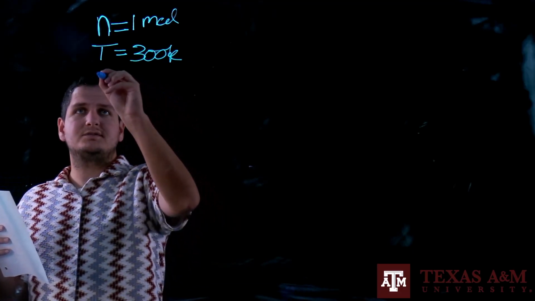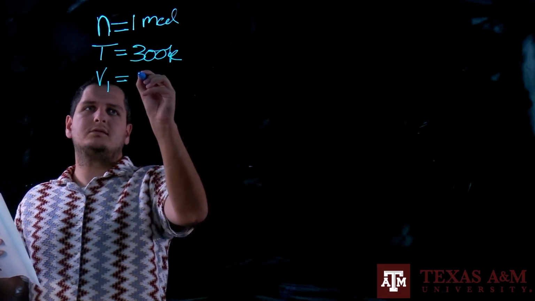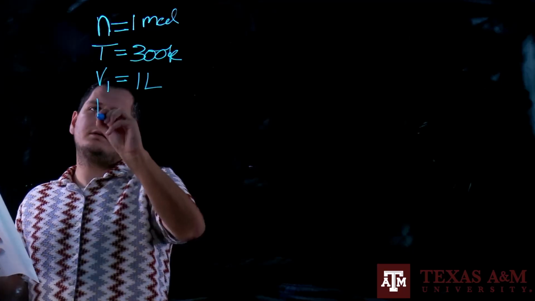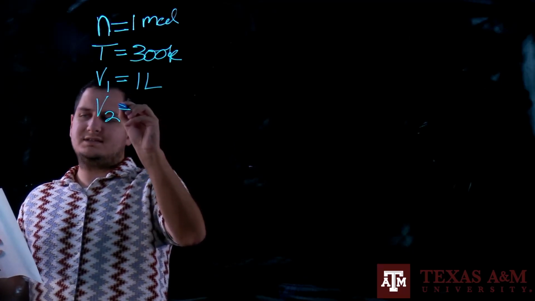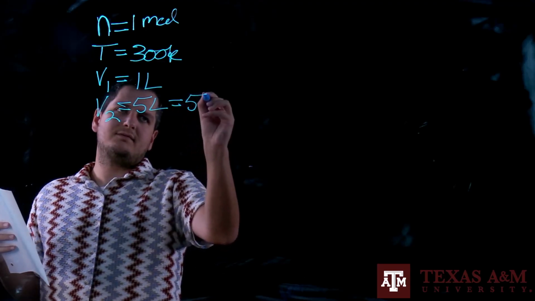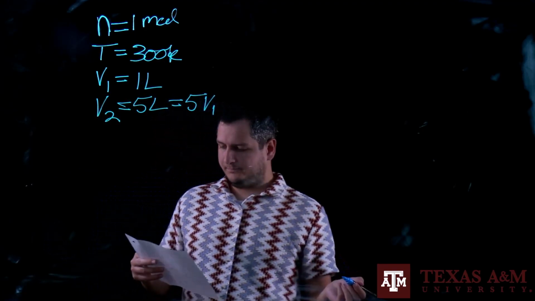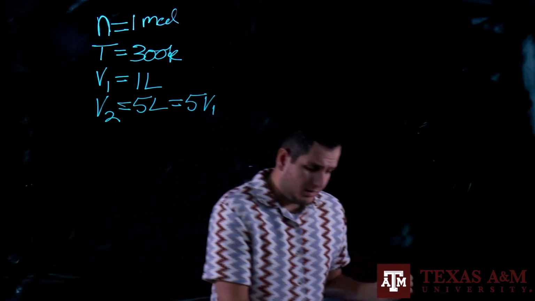It's expansion, so isothermal expansion, so we have 2 volumes. V1 is 1 liter, and V2 is equal to 5 liter, and to put it nicely, we could say 5 times V1, if we wanted to solve symbolically. Let's draw the PV diagram.